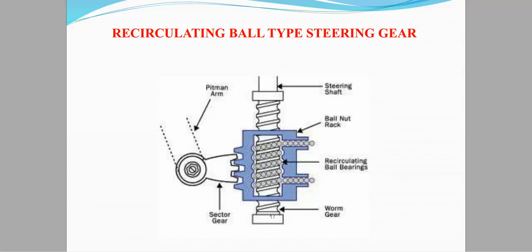This is the worm gear on which the nut will be moving. This is the steering shaft and the ball nut track. The ball nut track will contain the ball bearings and allow the nut to move easily. It also connects the sector gear to the worm.